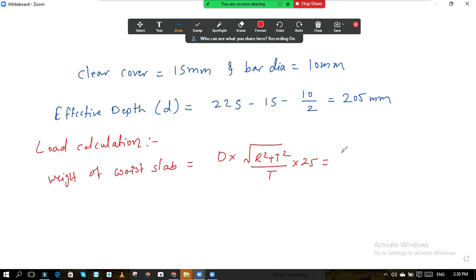Here you can put 0.225, that is your overall depth D, into under root of riser and tread: 0.15 square plus 0.27 square, divided by T, where T is 0.27, multiplied by 25. So you will get the answer.